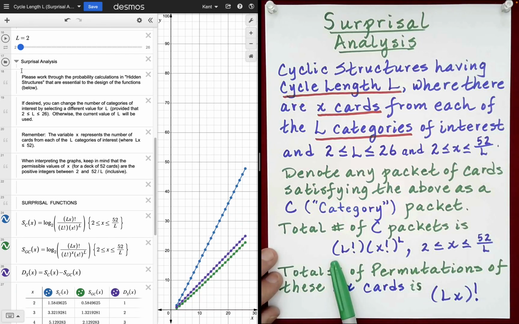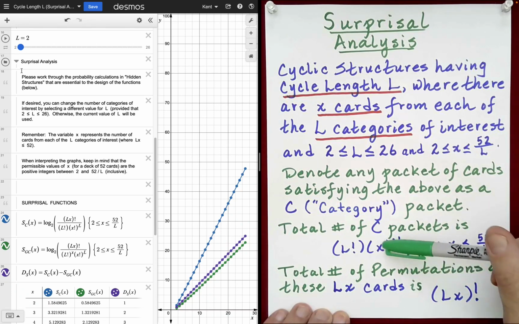And as was the case in previous videos, this expression here can be derived using the fundamental counting principle, also called the multiplication principle. Now, the total number of permutations of these L times x cards will, of course, be the quantity Lx factorial.